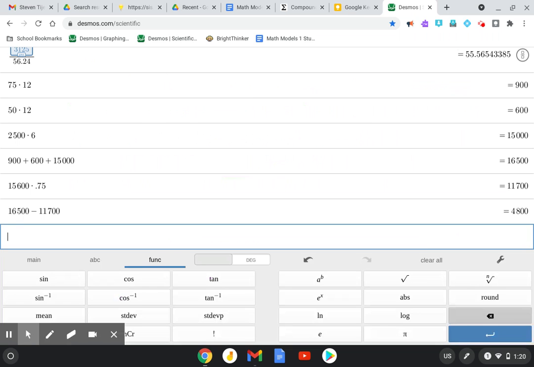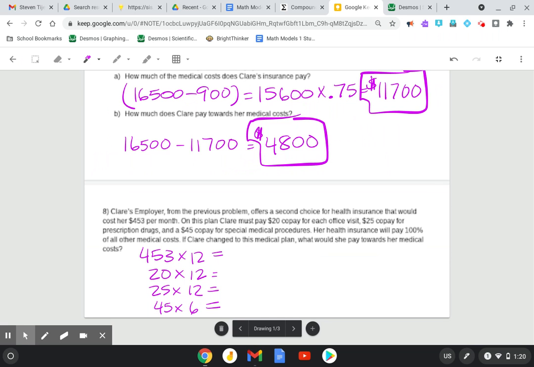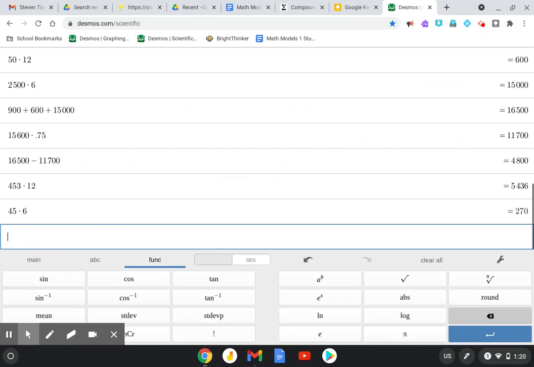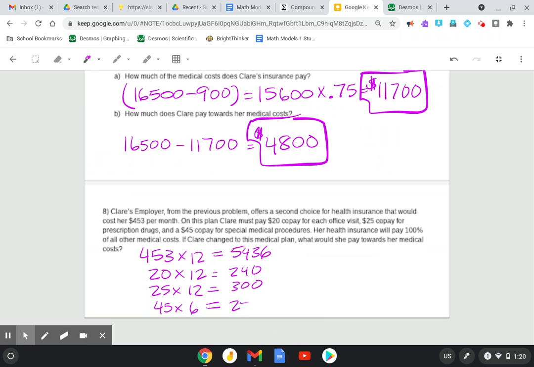So we do all these. 453 times 12, 5436. 20 times 12 is 240. 25 times 12 is 300. 45 times 6, 270. We're going to put all that together.